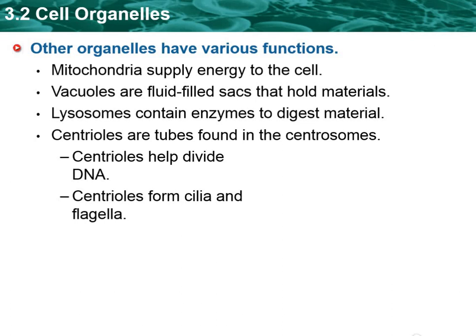So the centrioles are also going to be where cilia and flagella are going to form, and the cilia and flagella are going to be means of locomotion for some cells. So cilia are going to be short hair-like structures on the outside of the cell, and flagella are going to be a whip-like tail.